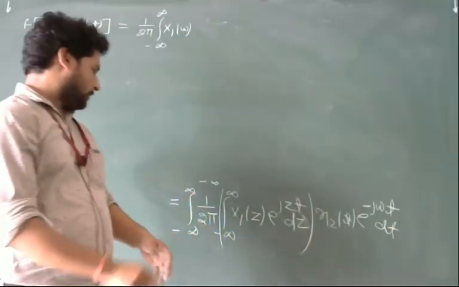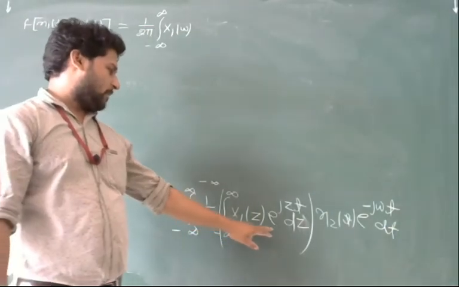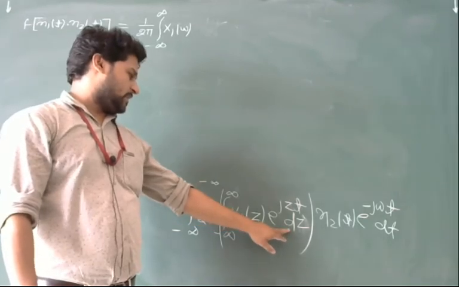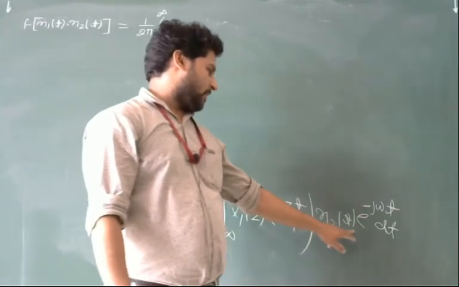This will be equal to X1(z) e power j z t dz into x2(t) e power minus j omega t dt.